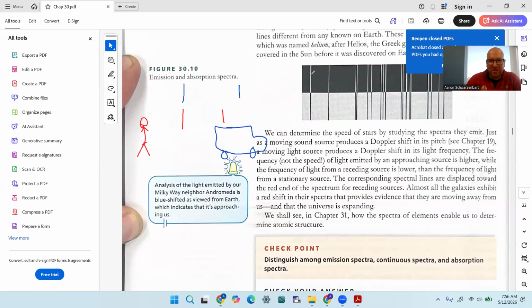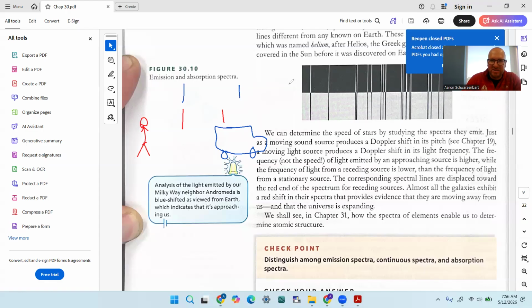So they can look at these, and if the same gases are surrounding the stars, which seems reasonable, that there's only so many elements in the universe, you can look at, and if the lines are the same distance, it's probably the same gases.